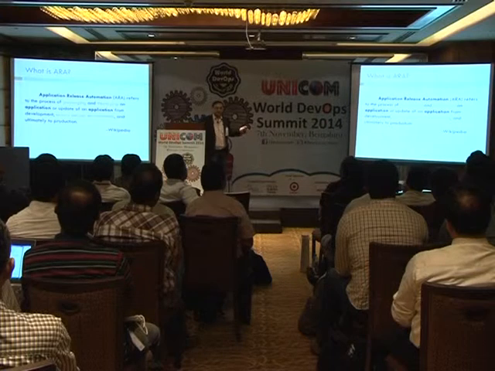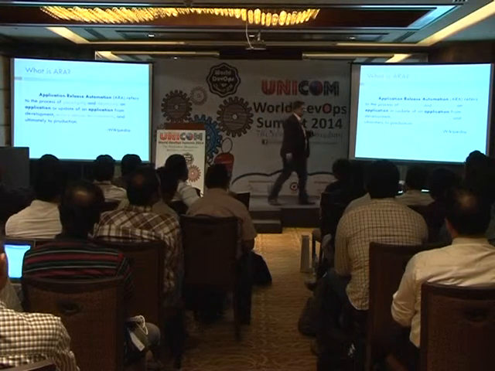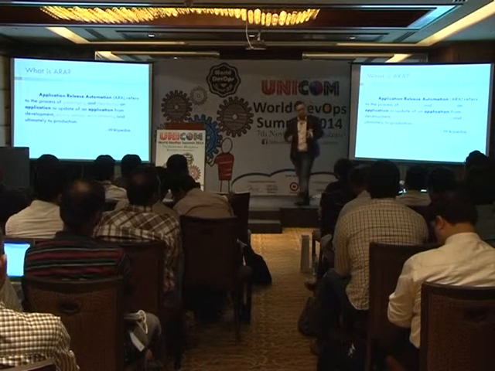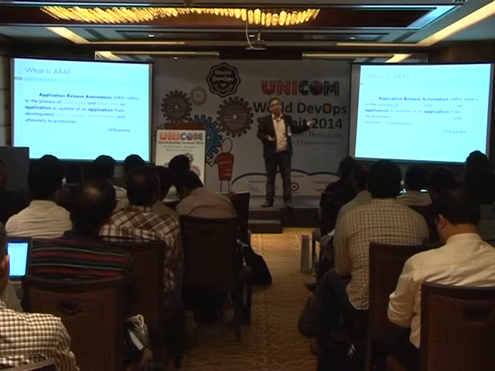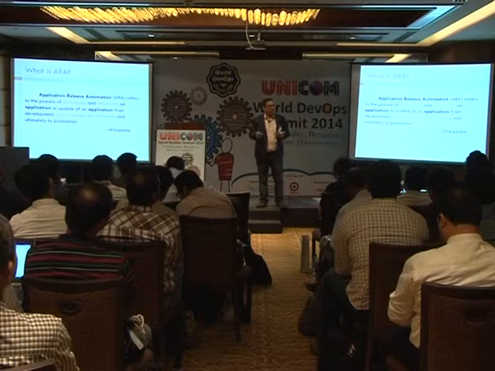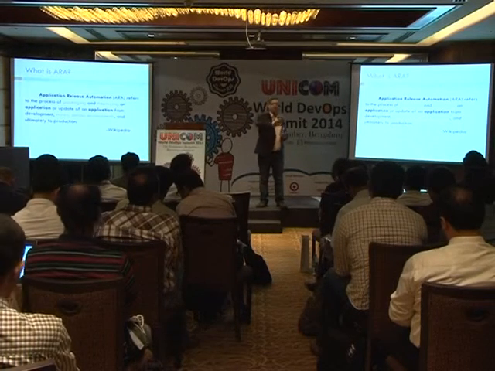A quick definition without jumping into it. The Wikipedia definition simply aligns with what you're talking about: how do you automate everything that you are doing once your code is ready, right from packaging the code, then deploying it, or there could be so many other things that you do downstream, which could differ from organization to organization.